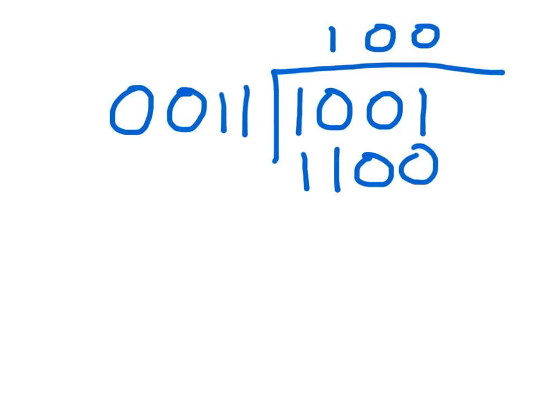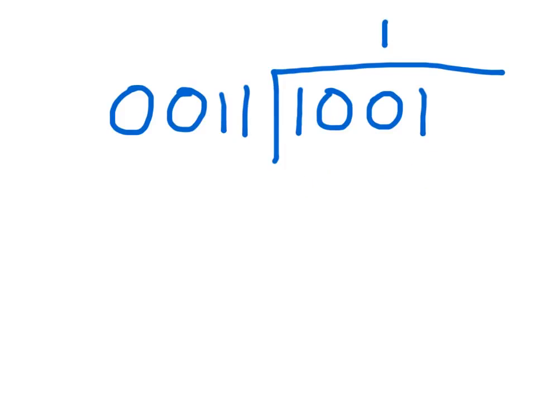So let's go back one step and consider that we're going to be using the 2. The answer is going to have a 1 in the 2's place, and now we only have to determine what is going to happen in the 1's place.